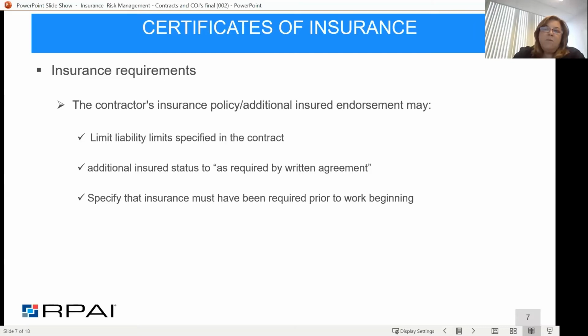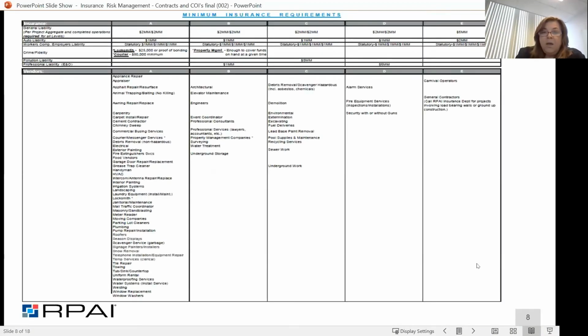So if you work backwards, which sometimes happens, there's standard procedures put into place, but if they get overlooked and people try to back into them, so that the contract is actually executed or they're set up as a vendor after the work's been performed, then the additional insured wording on that tenant's policy may limit you from actually getting the additional insured status that you think you're getting.